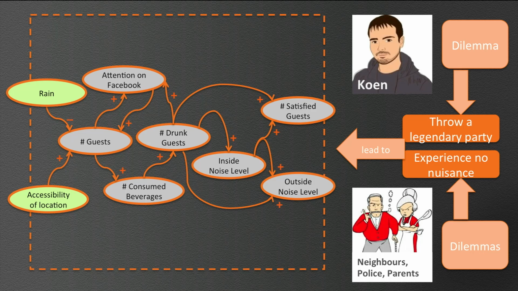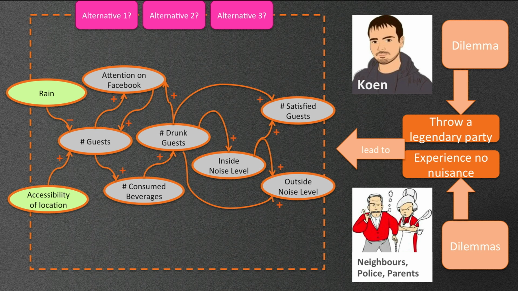When we look for alternatives for Koen's problem, we are looking for everything that is capable of changing the numerical value of the criteria. Every action that influences one of the factors in the diagram, no matter how small, also influences the criteria. And when these actions do that, they can be a potential solution or partial solution to the problem. In other words, they are an alternative.